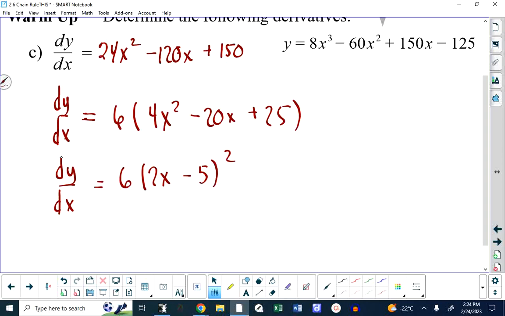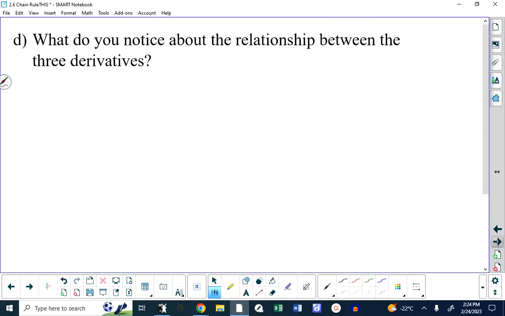All right. So now, so what? What do we notice about the relationship between the three derivatives? Well, let me write out what dy du is. And I'm going by memory here, but I'm pretty sure dy du was 3u squared. And I'm going to write down what du dx was.